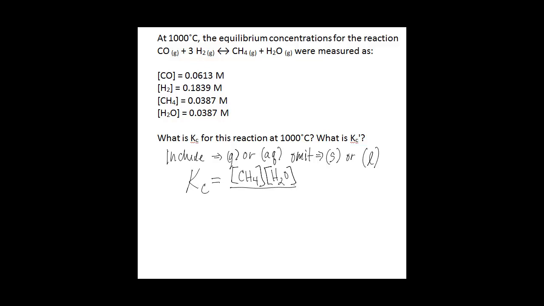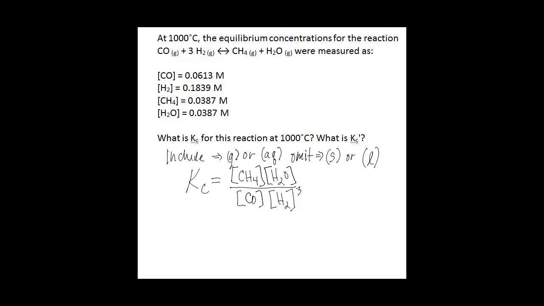And then you want to divide those products by reactants. So in this case, you have carbon monoxide gas being multiplied by hydrogen gas, the two reactants. And you also have to raise hydrogen gas concentration to the third power in this case. Any stoichiometric coefficients are going to become superscripts in the equilibrium equation.